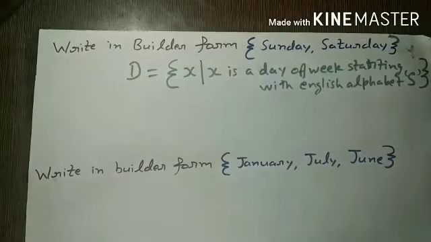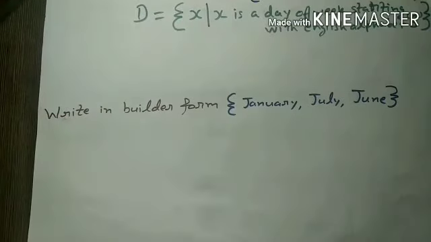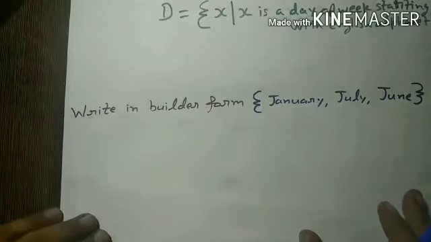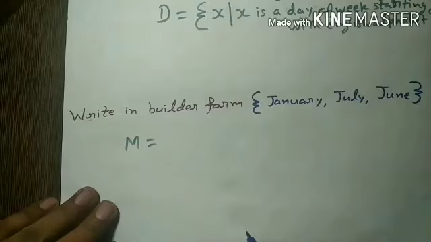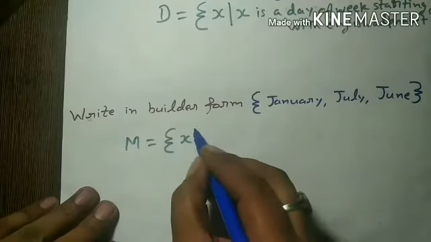Now we have to write the builder form for January, July and June. Now you can clearly understand that these are the months of the year and all are starting with the English letter J. So in order to write it in builder form, what will we do? I will give it the name M. x is a variable.